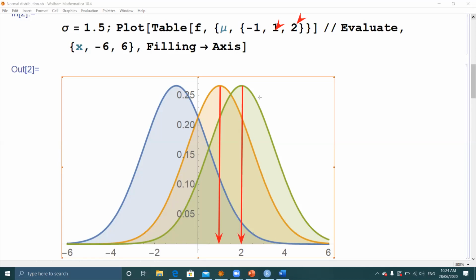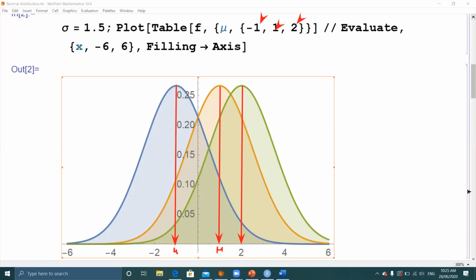And first one is -1. You can see its shape is from here, and the point on the x-axis under the peak is always mu. So you can see these points are called mu for each distribution. This is mu of this distribution, and this is mu of this distribution.